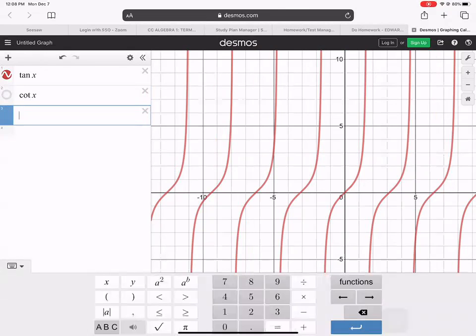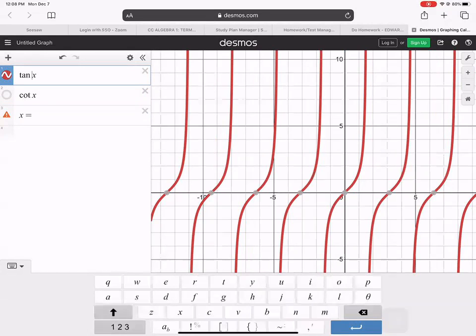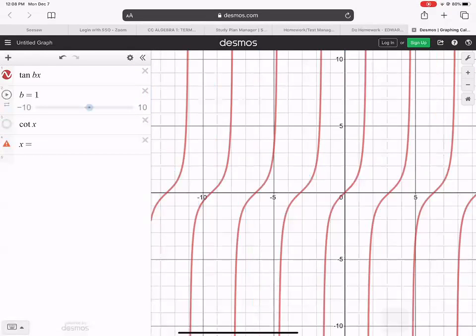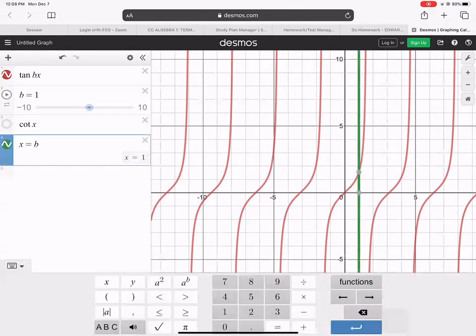X equals, I'm going to do something here. B. Yeah, let's do this. We'll call this little b here. We'll add a slider for b. And then I'm also going to say it's going to be b over 2.